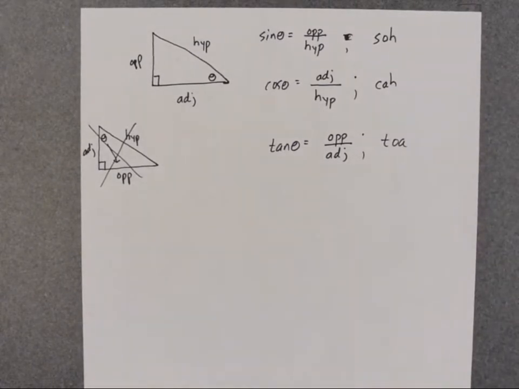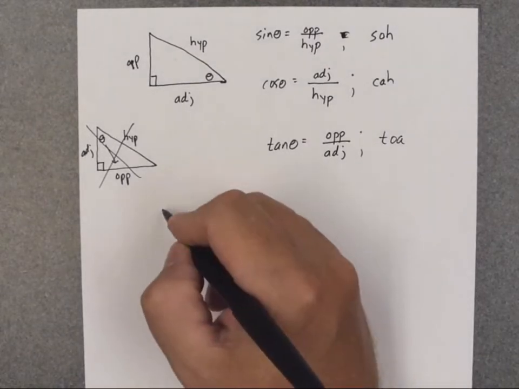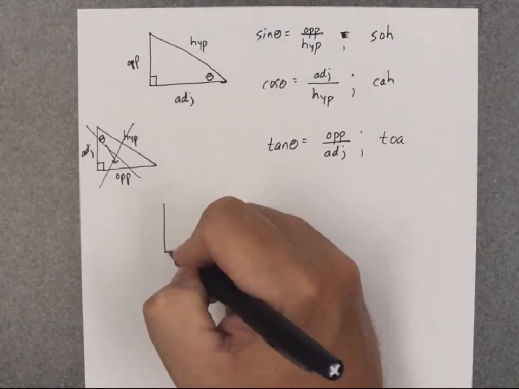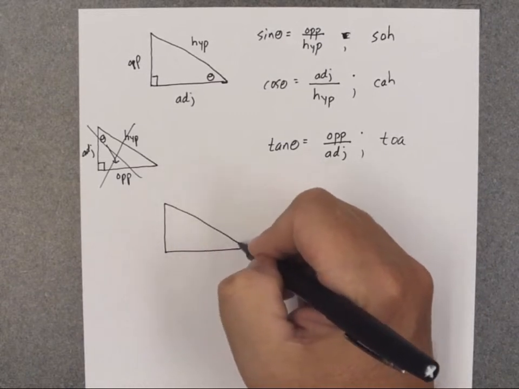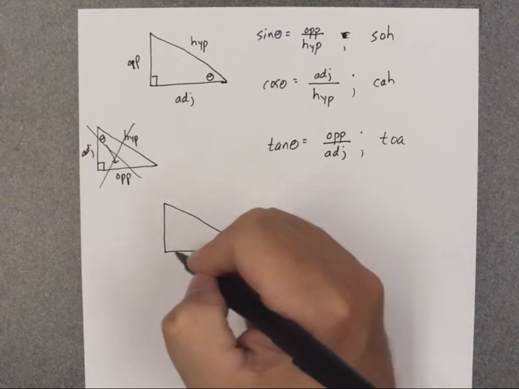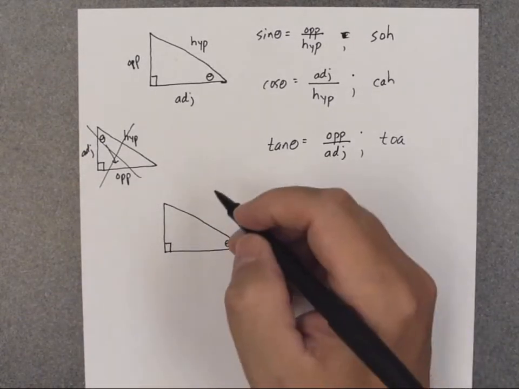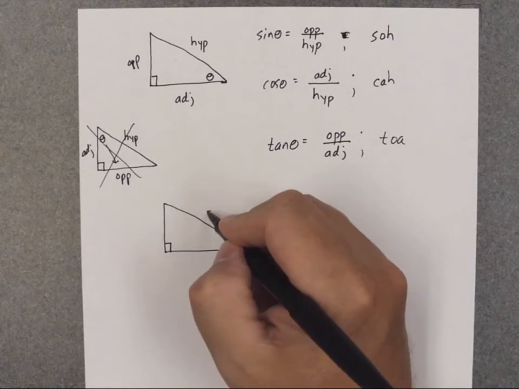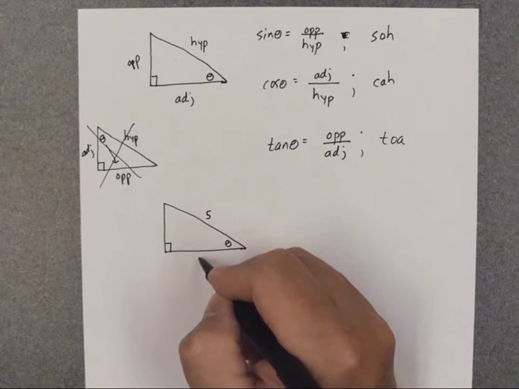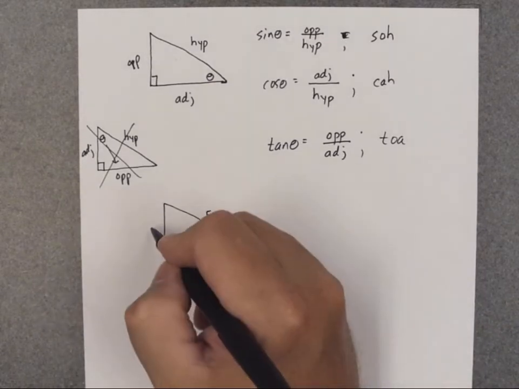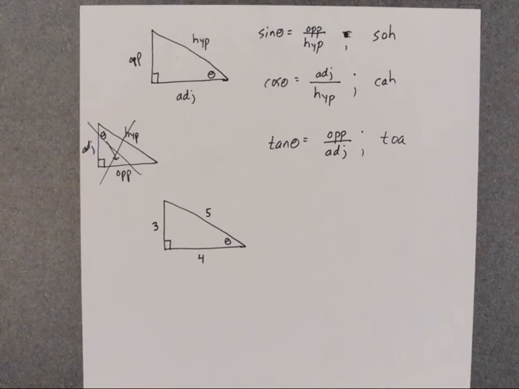So just to make sure we understand this, I'm going to draw a right triangle, and we're going to give the lengths of the three sides. So here's my right triangle. Once again, we'll call this theta. We're going to make the hypotenuse a length of 5. We'll make this bottom leg a length of 4, and the other side a length of 3.